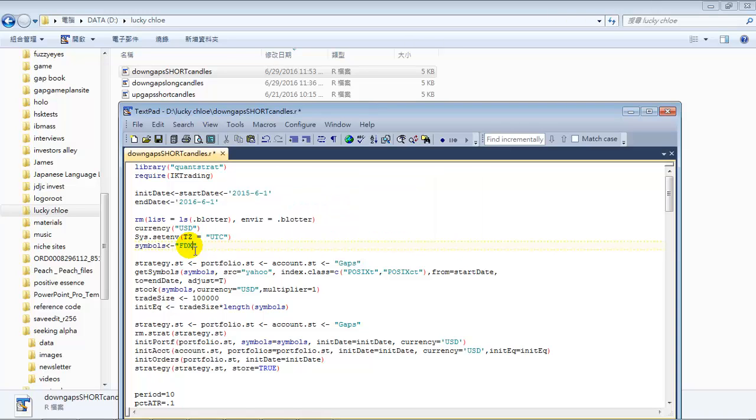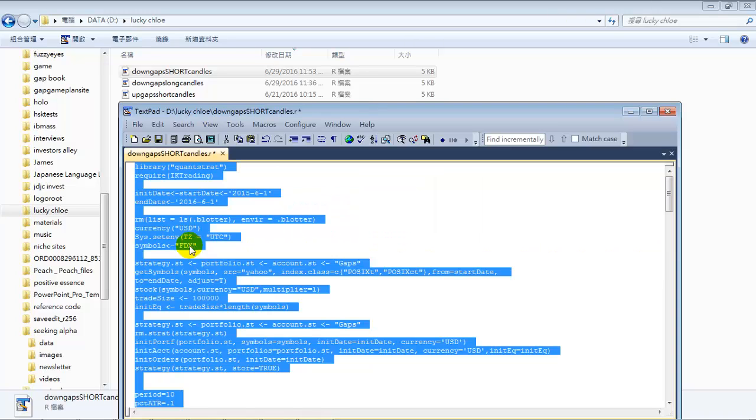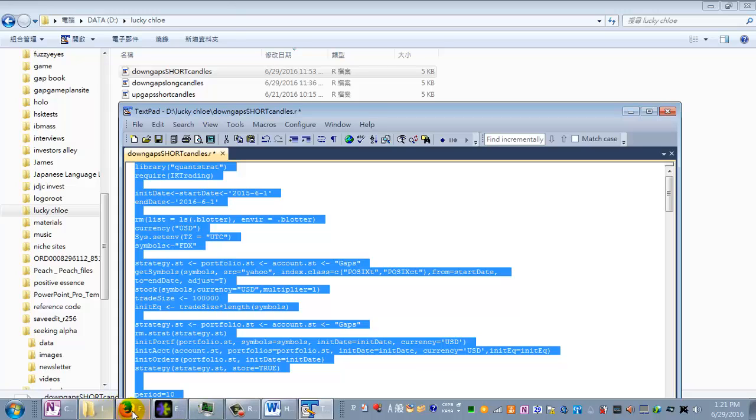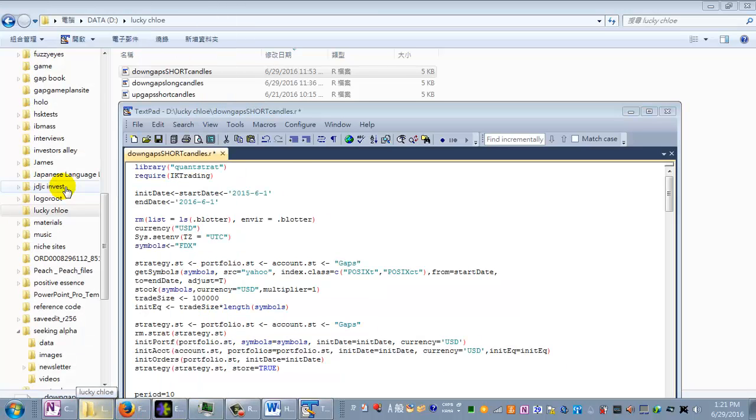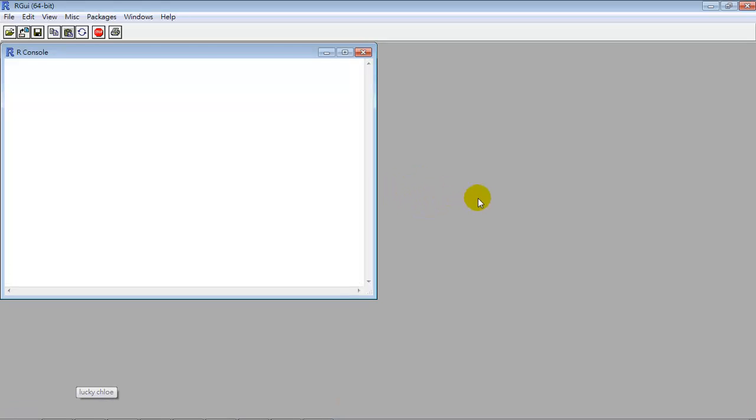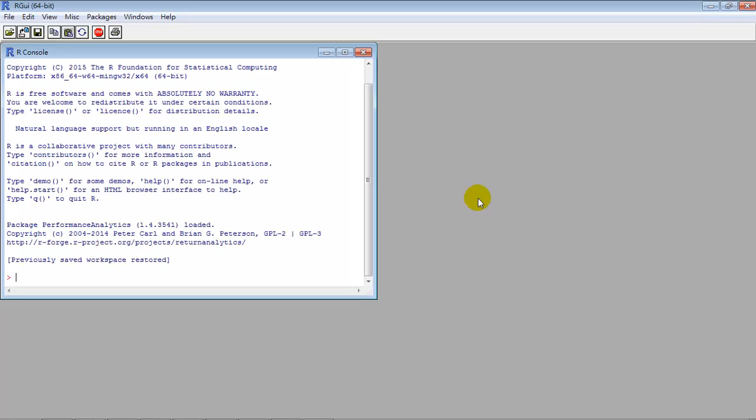So here's the FedEx trade, and we'll see if it's profitable to short the stock after a gap. Now this is a back test. It doesn't look at the most recent gap, it just looks at all the previous down gaps with that particular candlestick pattern, the white down red over the last year, and then it shows the results.